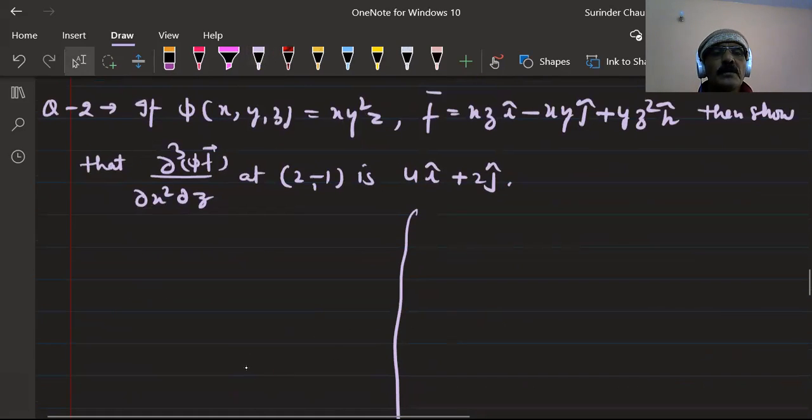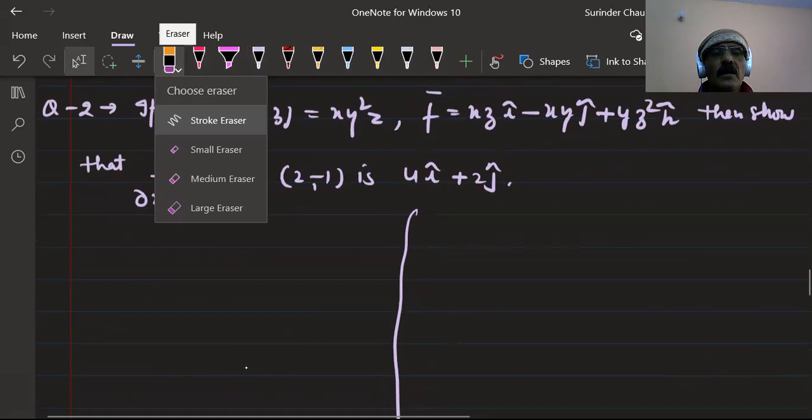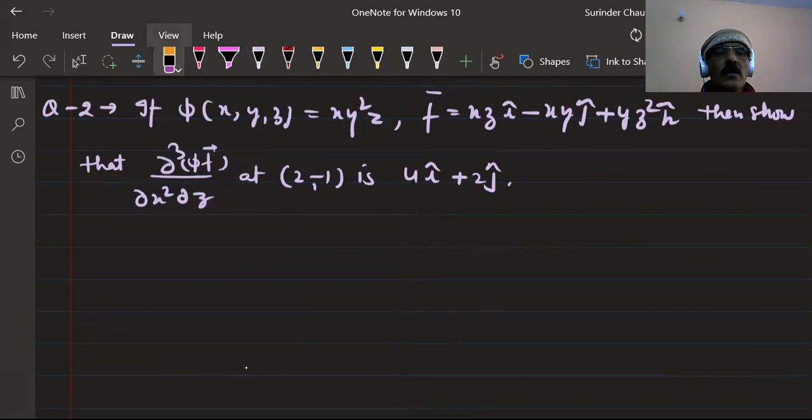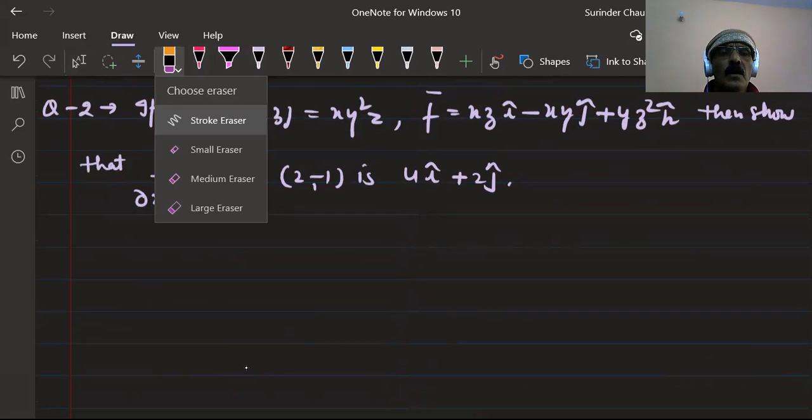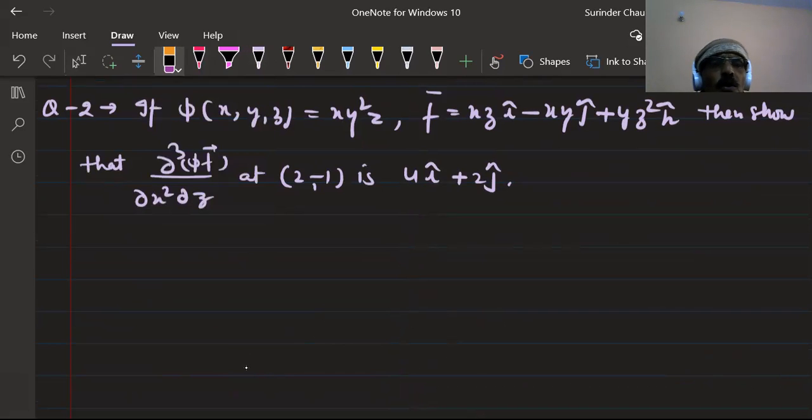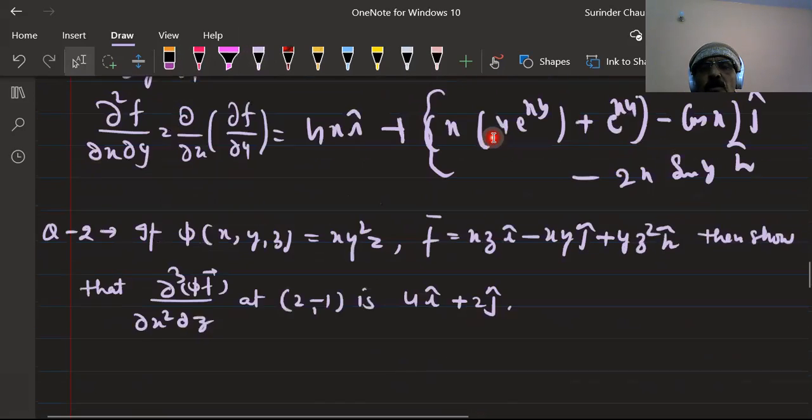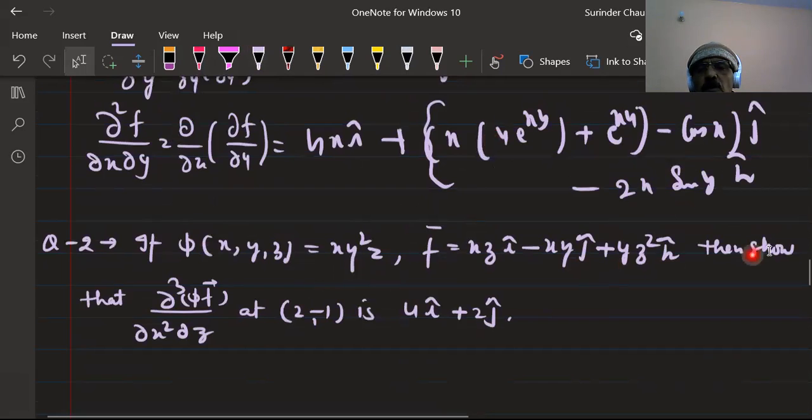Another example is, if this is a scalar point function and this vector point function, then show that third derivative of f at this.